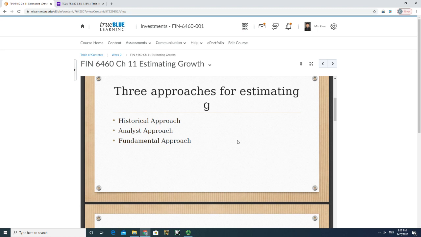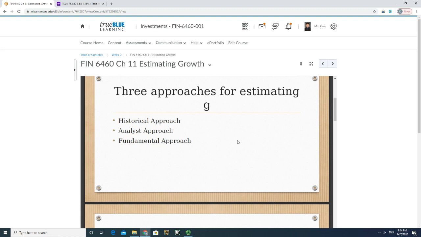The fundamental approach emphasizes the fundamentals of growth. Let's take a look at growth. What will generate growth in a business? Well, there are many different ways a company can generate growth, right? But fundamentally, there's only one way.